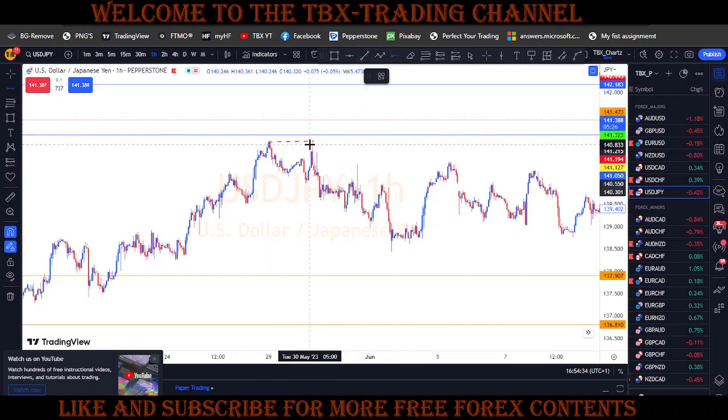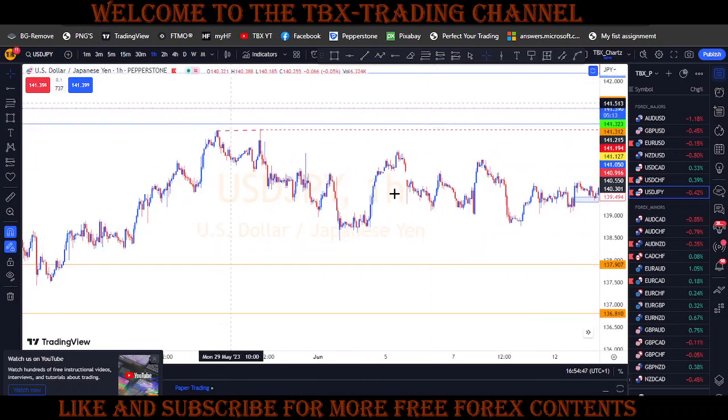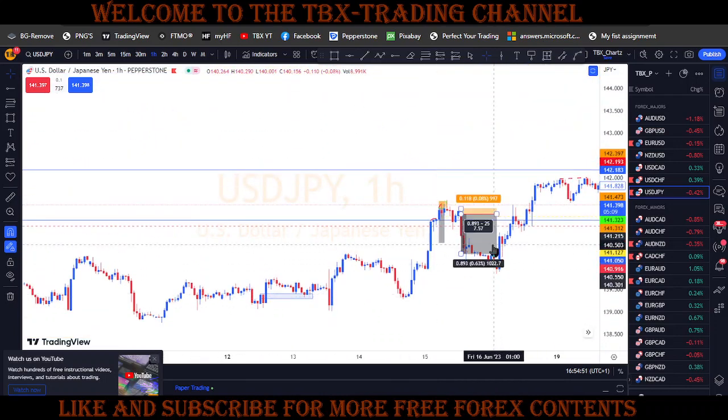Then let's draw a line from here down. All I'm expecting to see is for price to break these equal highs and retrace a little bit to this buy side liquidity.